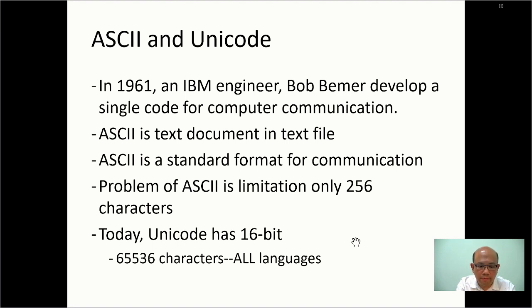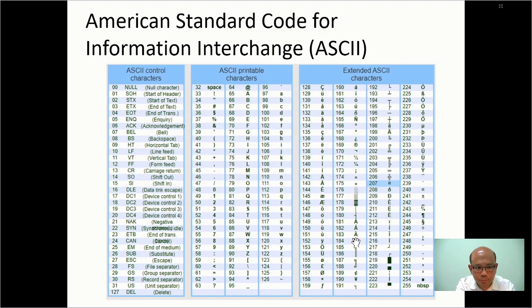Unicode has 16 bits. With 16 bits we can collect about 65,000 characters. I think it covers all languages around the world.